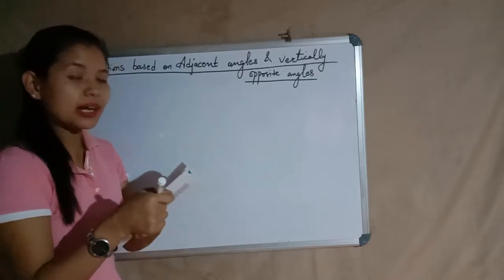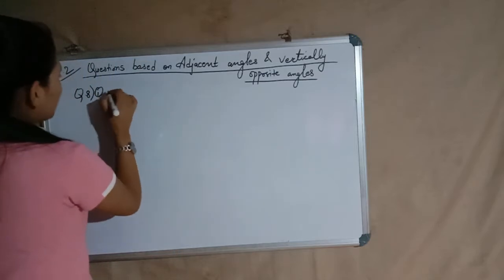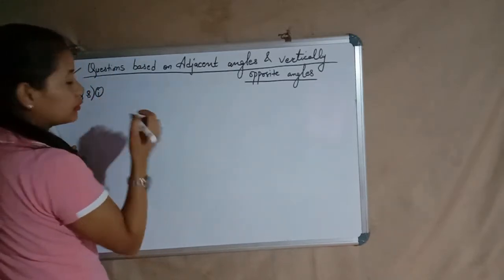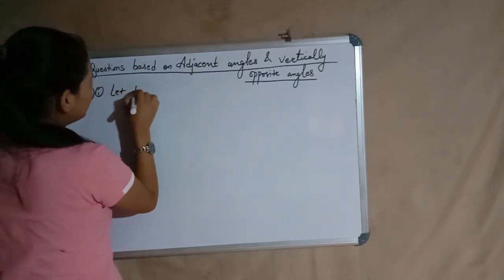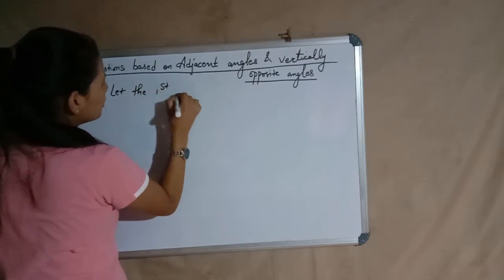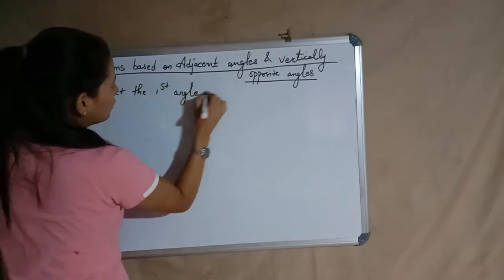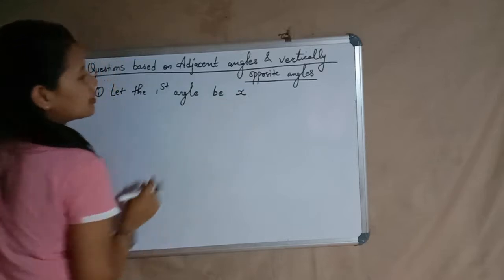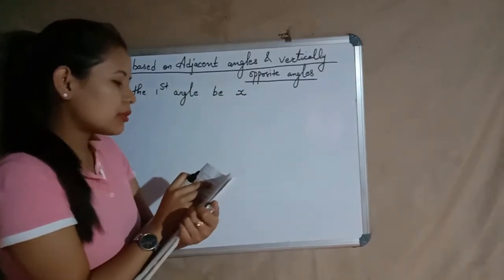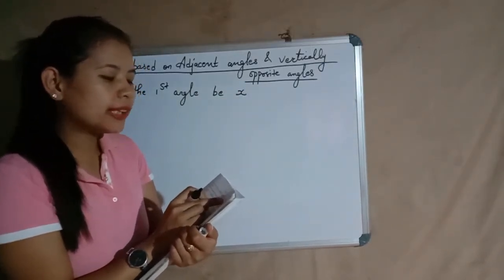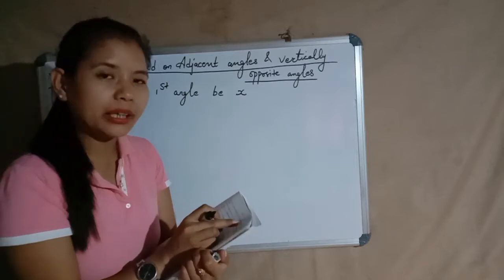Okay, so we start by assuming the angle. There are two angles involved. Let the first angle be x. In the question it says one of them is 40 degrees less than the other.